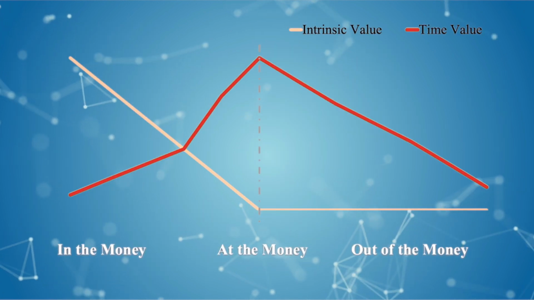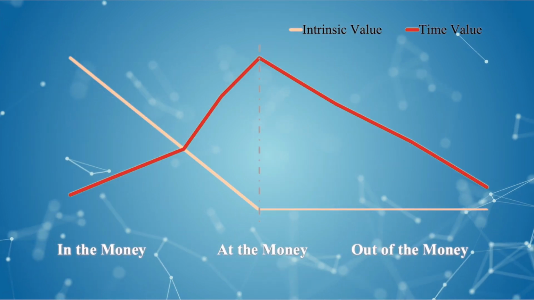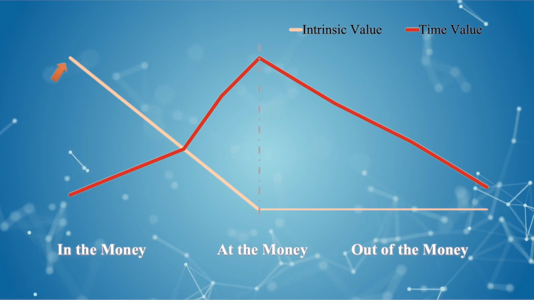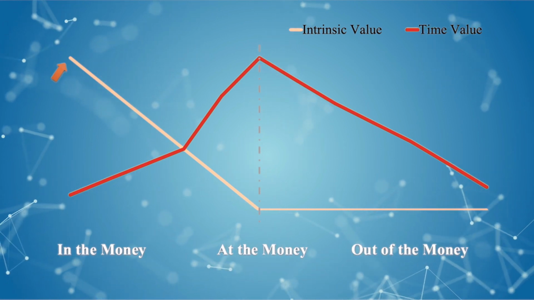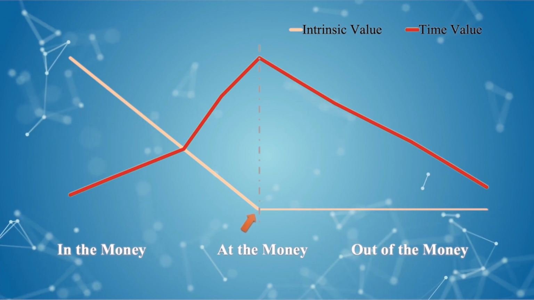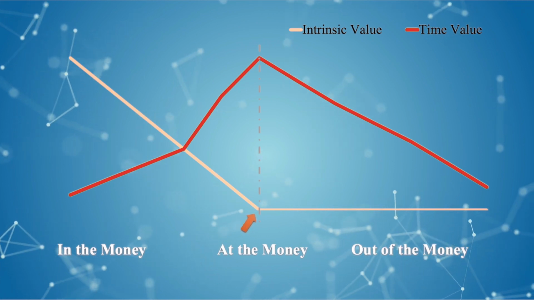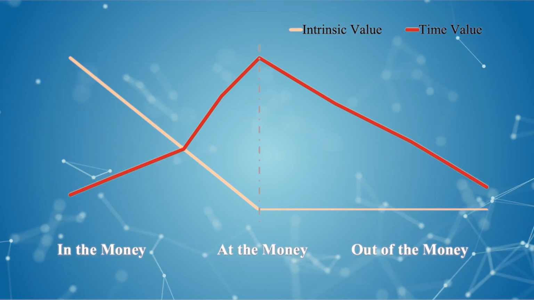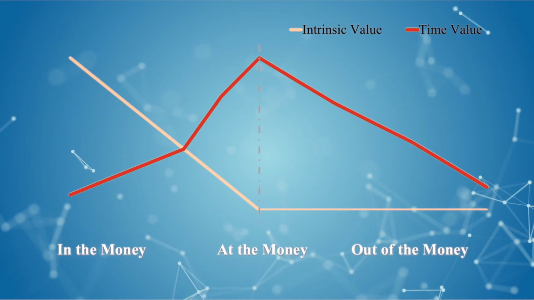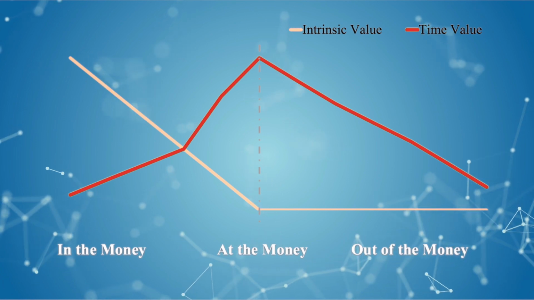Let's observe this graph to understand about intrinsic value and time value. For in the money options, intrinsic value is high and it decreases gradually towards at the money options, and intrinsic value becomes 0 at the money options and remains 0 in out of the money options.